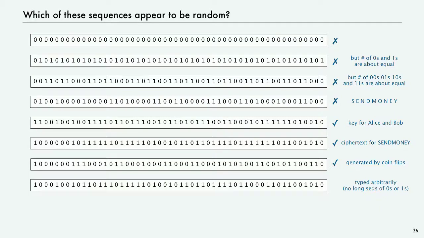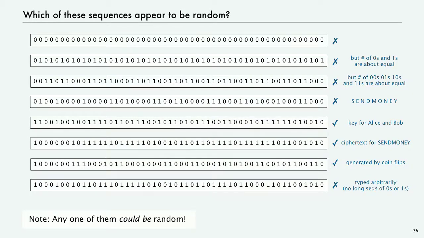And actually, it's a famous application of probability theory that a random sequence of zeros and ones is going to have some long sequences in it. And humans, when you ask them for random bits, tend to not type in long sequences. So you actually can tell the difference between that and a random sequence.